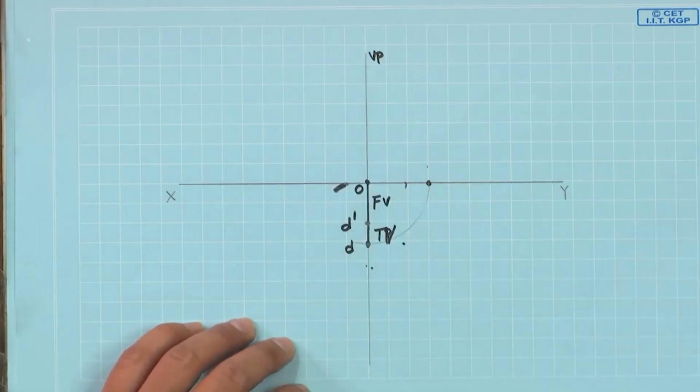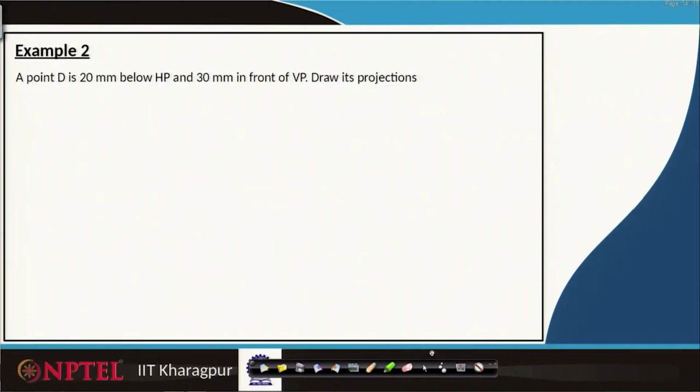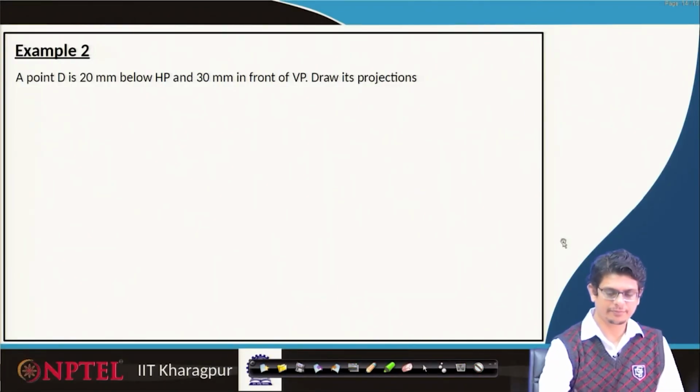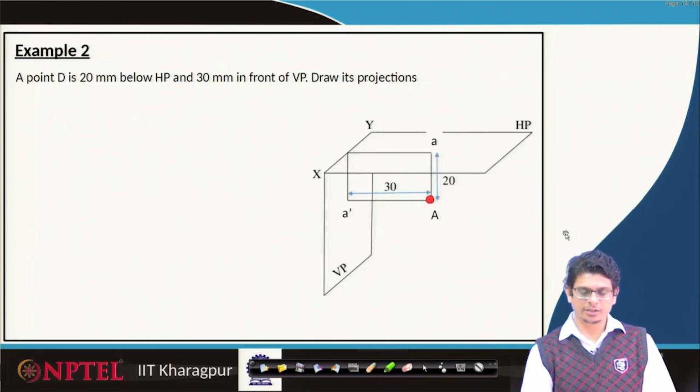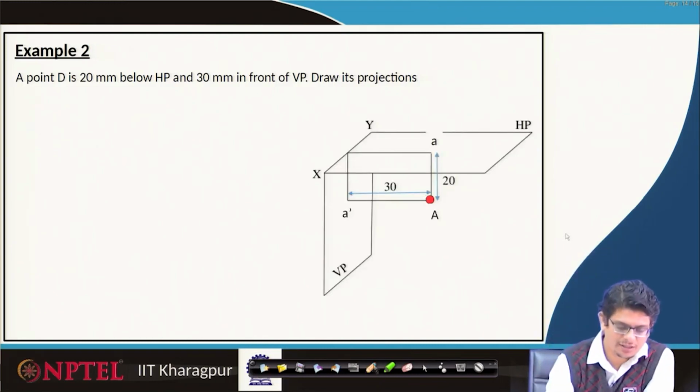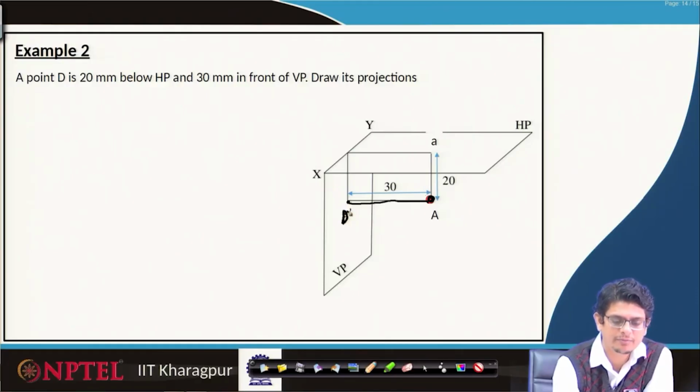Let us look at the solution. So, as I mentioned, the point is here, project that straight away to D prime, this is supposed to be D prime, and this is d, small d.